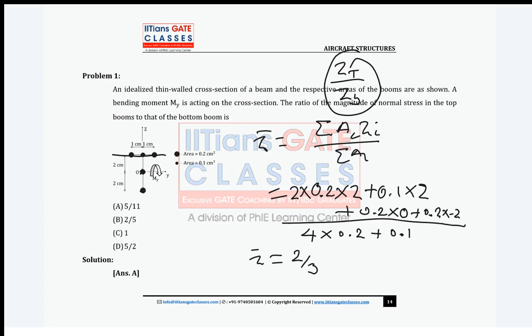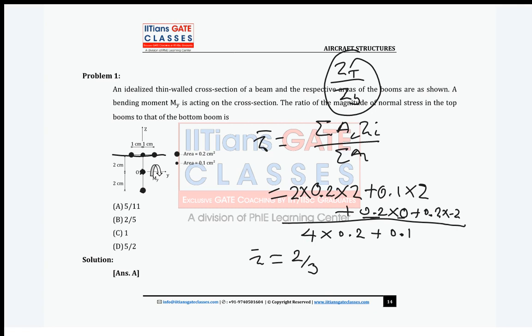Not 3, it is 4. Shivendra Raj, again you are making a mistake. At O also there is a lumped area. Why 3? It is 4. That's the mistake people make. You can see 0.2 into 0. So there are 4. So it is 2 by 3, right? Everybody got Z bar as 2 by 3.